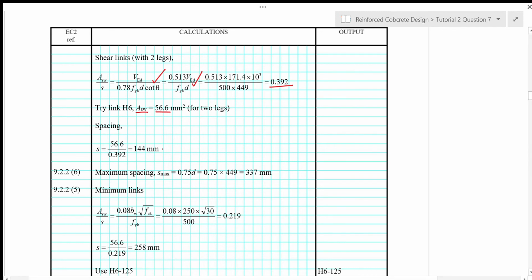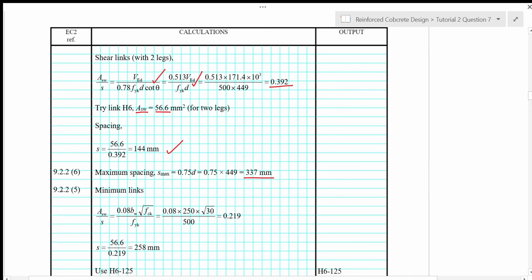So the spacing calculated is 144 mm. Based on section 9.2.2 in bracket 6, maximum spacing is 0.75 times the effective depth d, so it's 337 mm.